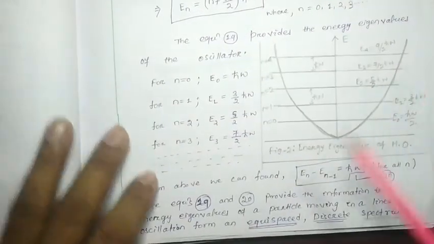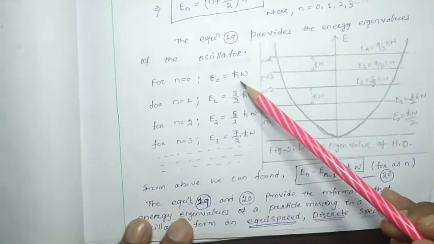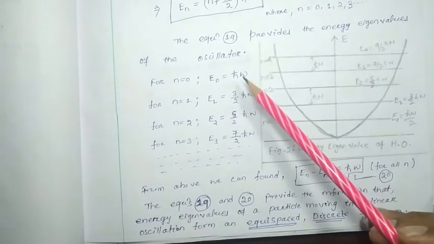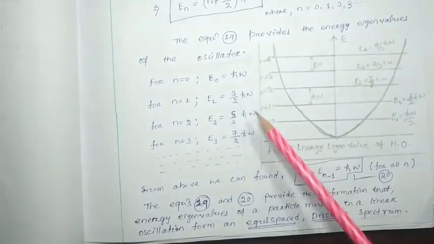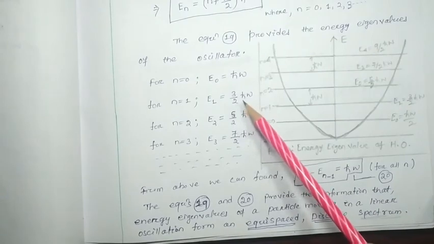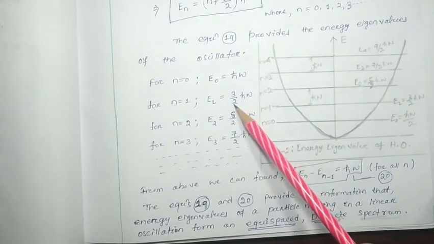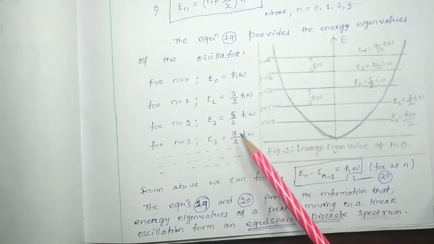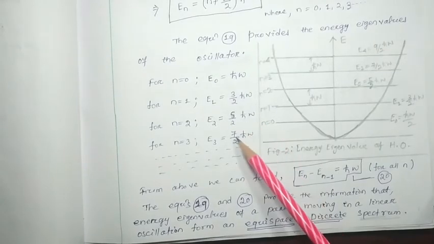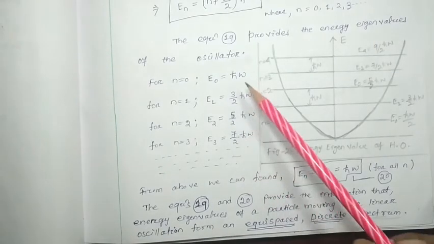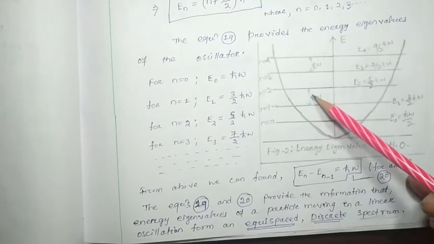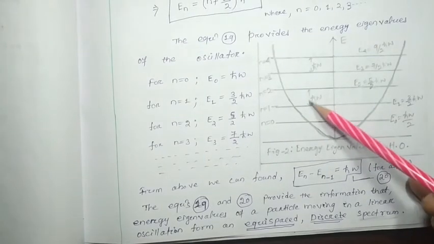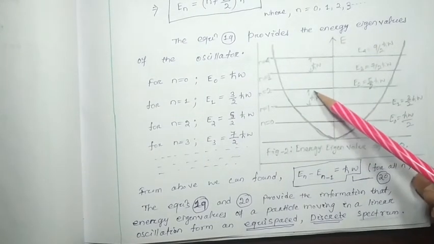So we found the eigenvalues: h cross omega for the lowest energy state, the next excited state having energy 3 by 2 h cross omega, next 5 by 2 h cross omega, next 7 by 2 h cross omega. From that we found that the spacing between two energy levels is h cross omega.